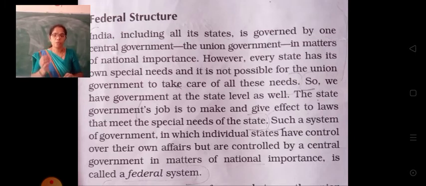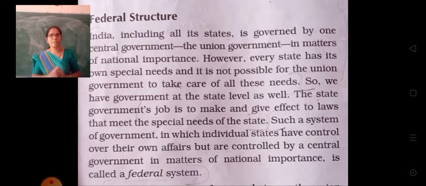The duty of the state government is to make and give effect to laws that meet the special needs of the state, and to put into practice the laws applied by the central government.